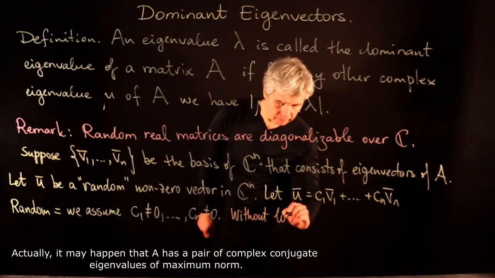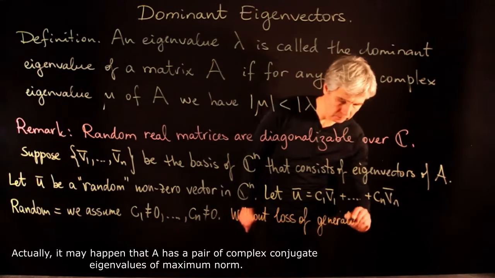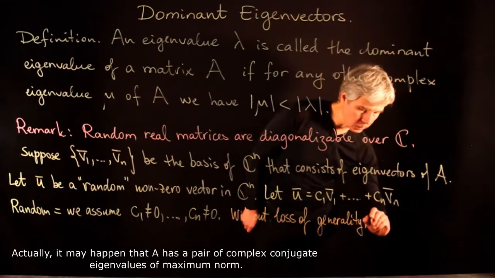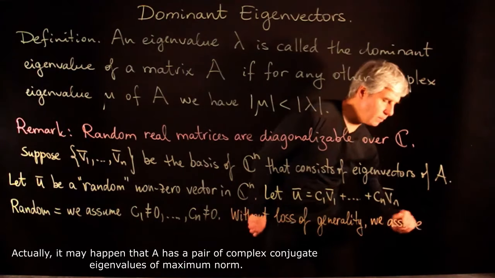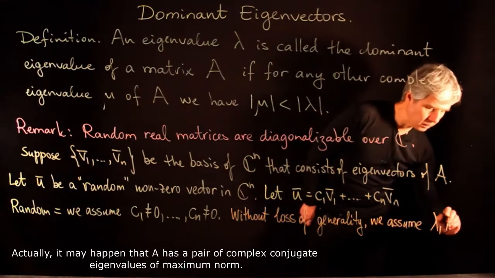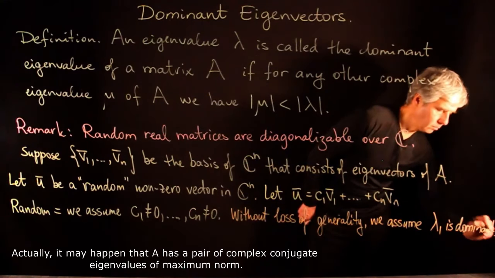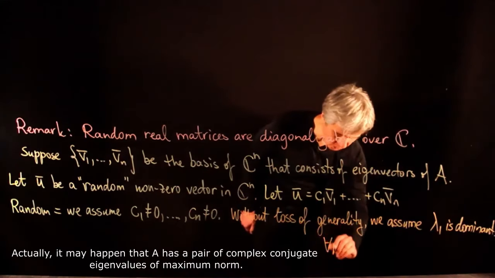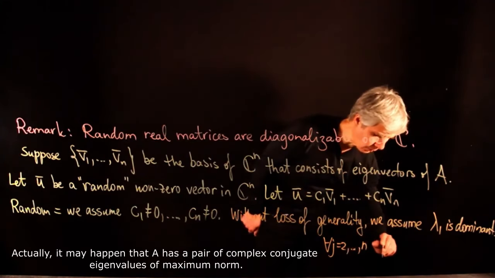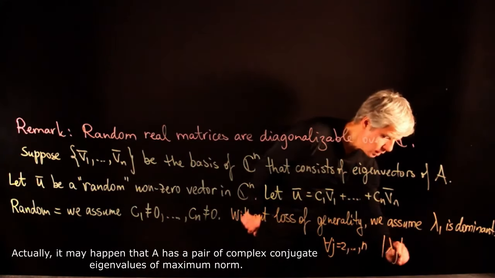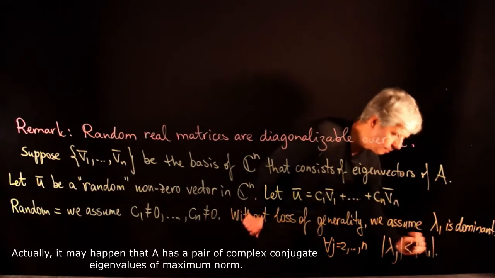Without loss of generality, let us assume that eigenvalue lambda 1 is dominant. So for all j from 2 to n, we will have that the complex norm of lambda j is strictly less than the complex norm of lambda 1.